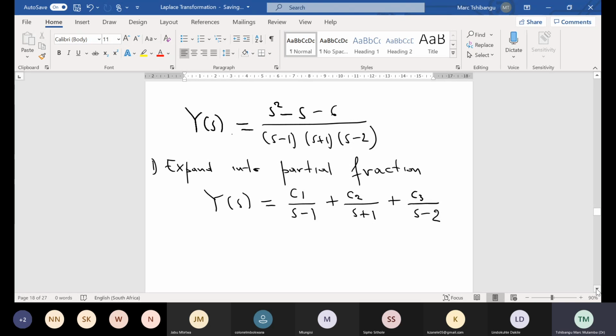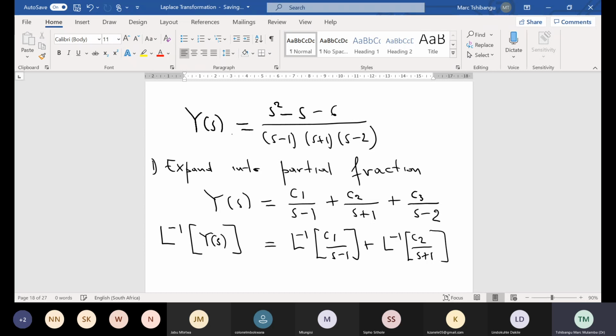So what we're going to do is we apply the inverse Laplace transform on both sides of this function. It's going to be the inverse Laplace transform of capital Y of S. This will be equal to the inverse Laplace of each partial fraction, plus the inverse Laplace of C2 over S plus 1, plus the inverse Laplace transform of C3 over S minus 2.